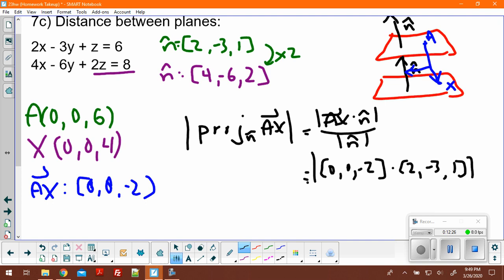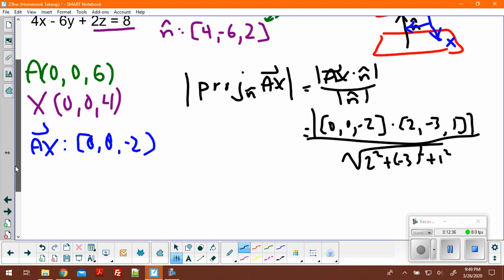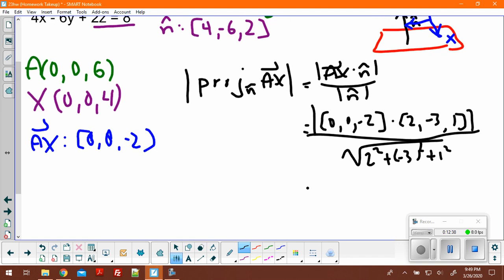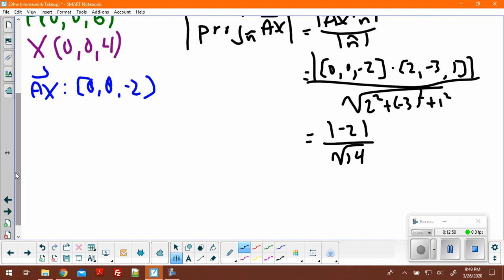And that's all over the square root of 2 squared plus -3 squared plus 1 squared. So magnitude of -2 over square root of 14, so that's 2 over root 14.